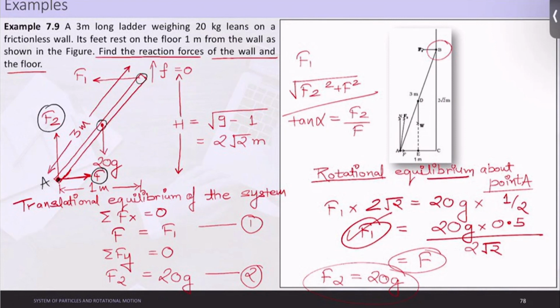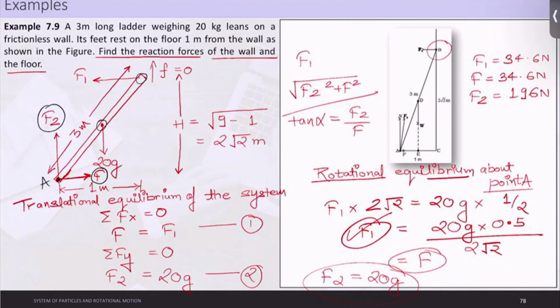If you do the mathematics here, finally you will get the value of F1 as equal to 34.6 newtons. We'll get the value of F also as 34.6 newtons, and you will get the value of F2 equal to 196 newtons.